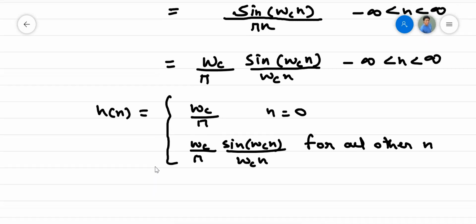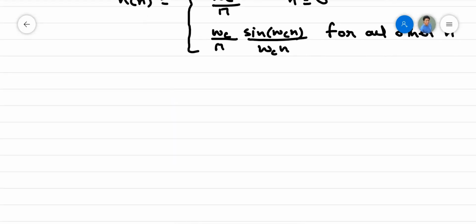Now if we want to plot these characteristics, let's say for frequency omega c equal to pi by 4.